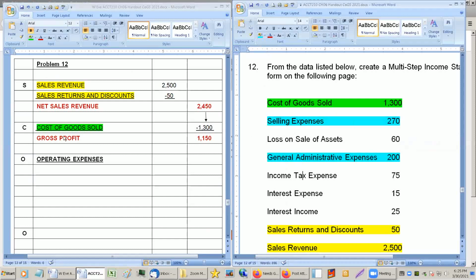So you see what we're doing. The cost of goods sold are goods going out. These expenses are all money going out. But we're going to separate those out so that they put them kind of in different categories.